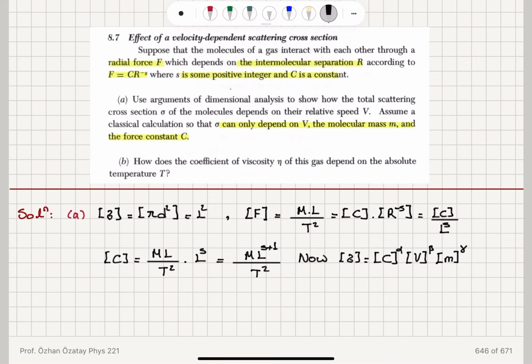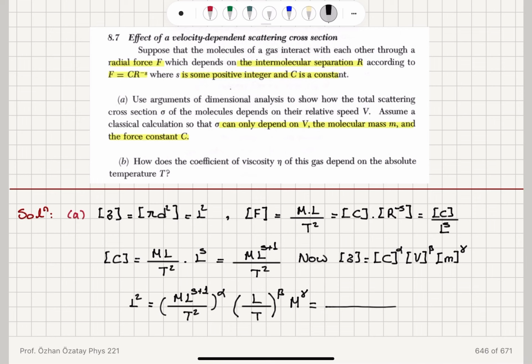So L squared must be equal to the dimension of C, which we have found to be m L to the power S plus 1 divided by t squared, to the power alpha, then the dimension of the relative speed v, which is length divided by time, to some power beta, and mass to some power gamma.